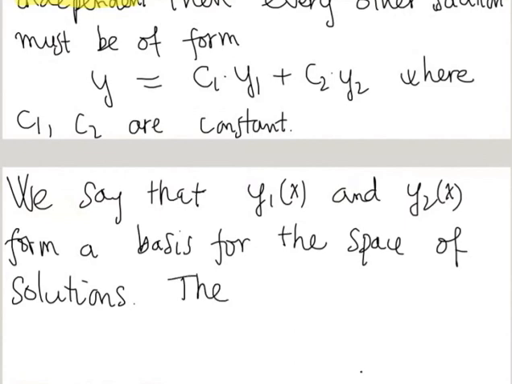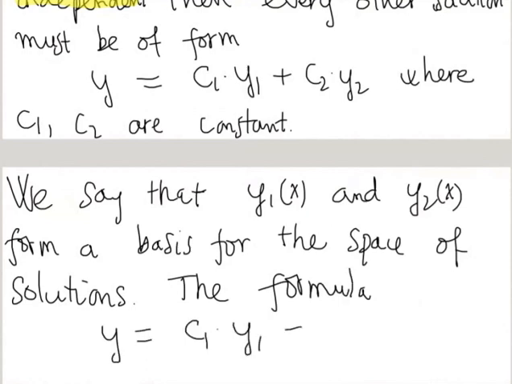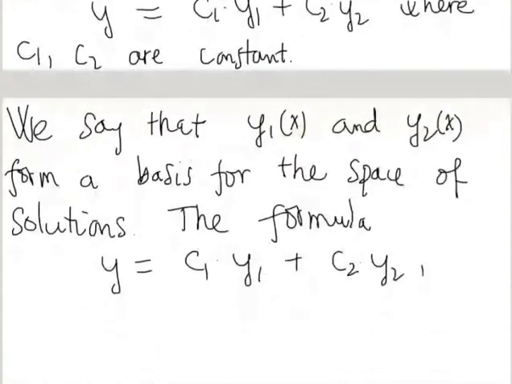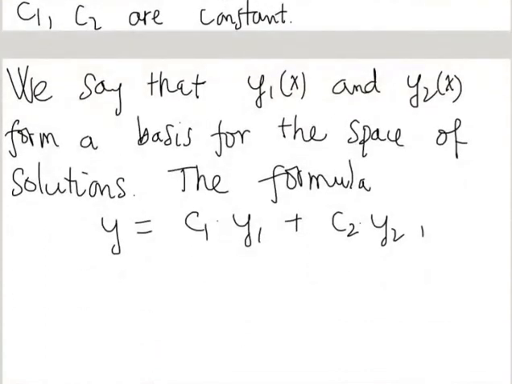And the formula y equal to c1 y1 plus c2 y2, where c1 and c2 are two constants, is called the general solution.